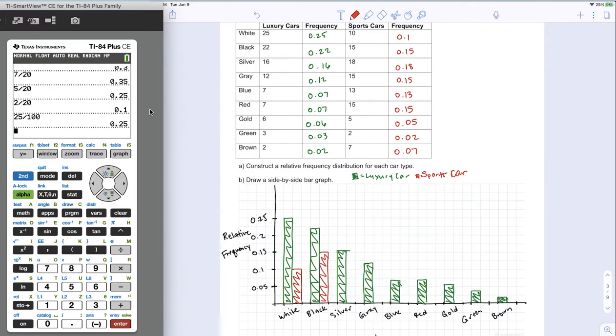Sports car silver, 0.18, so almost up to the 0.2. Sports car gray, 0.15. Sports car blue, 0.13.